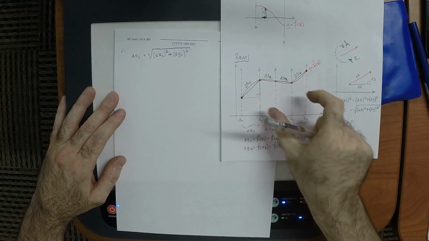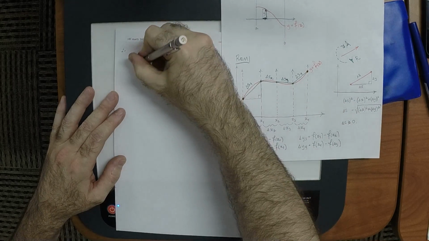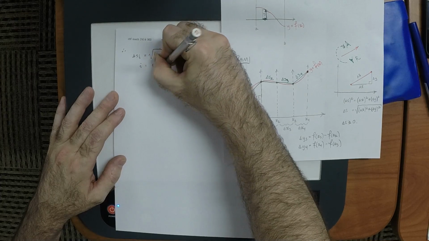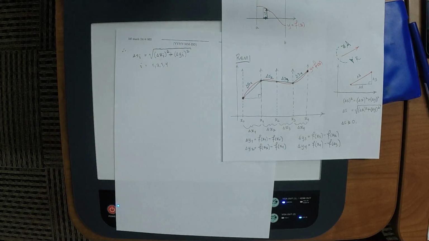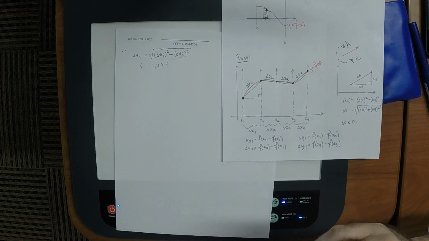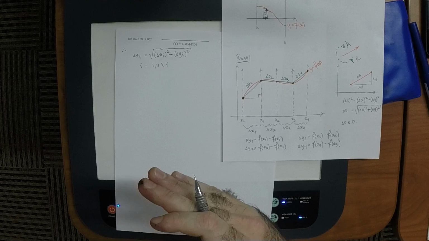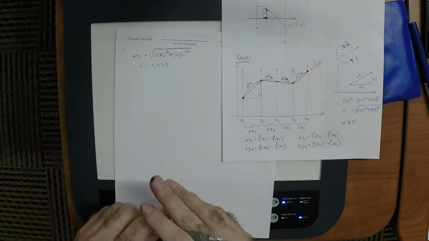So that's the length of each little line segment. And of course this is for i equal to 1, 2, 3, 4. All right, and there's nothing special about 4, right? I could have done 44. Okay, it just would have been a lot more writing.